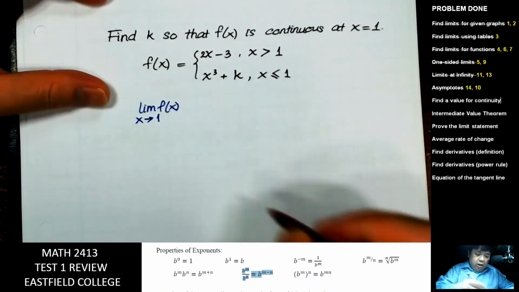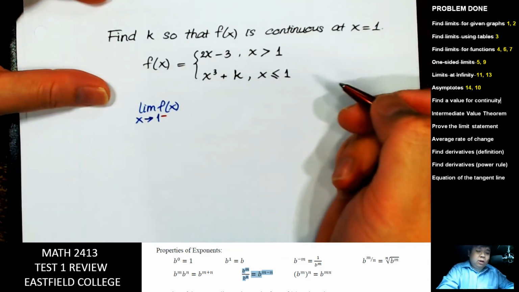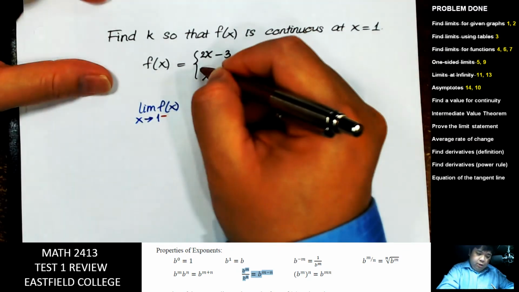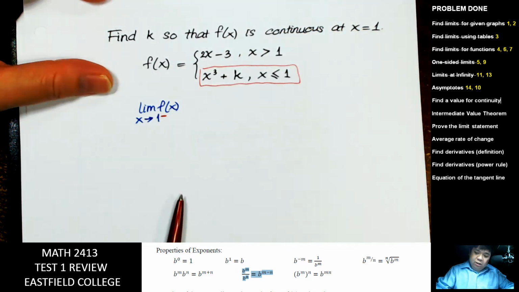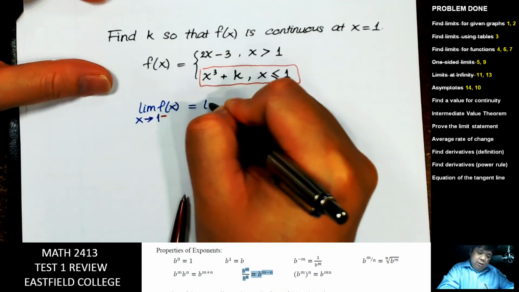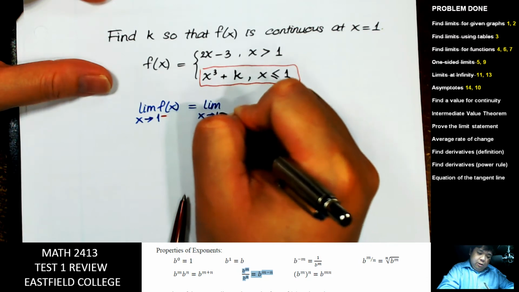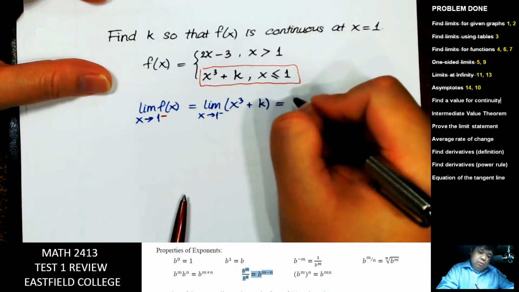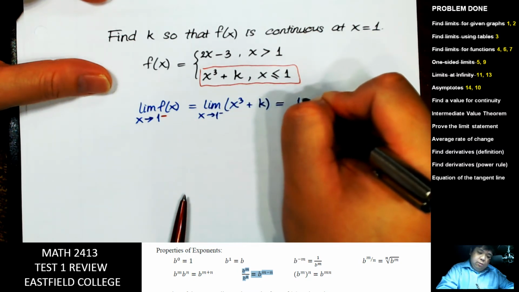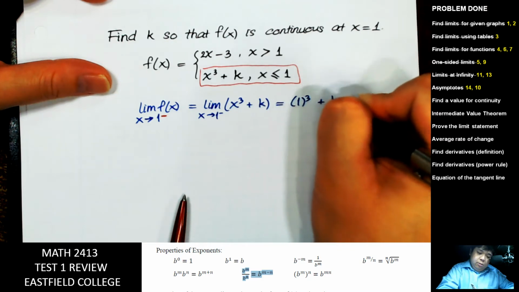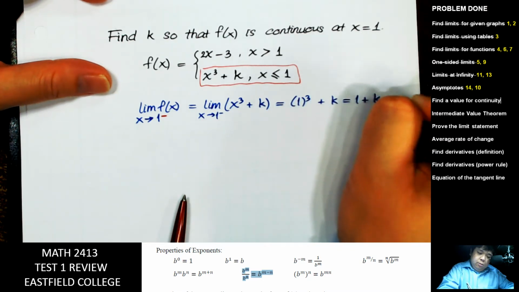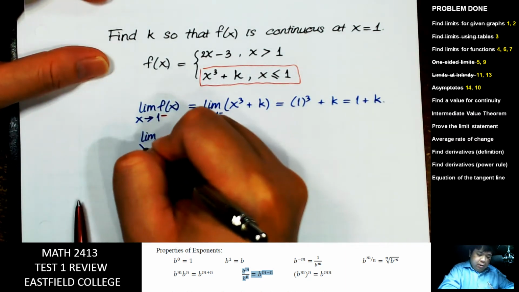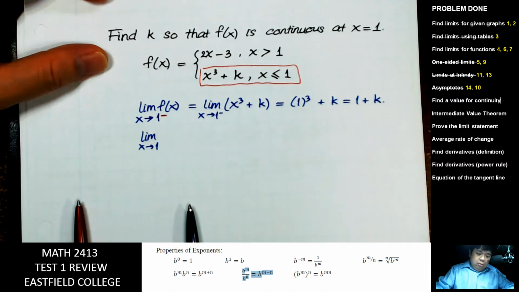when x goes to 1 from the left, and from the left meaning it's less than -1. So we'll use this one. And then we find the limit when x goes to 1, but from the right.